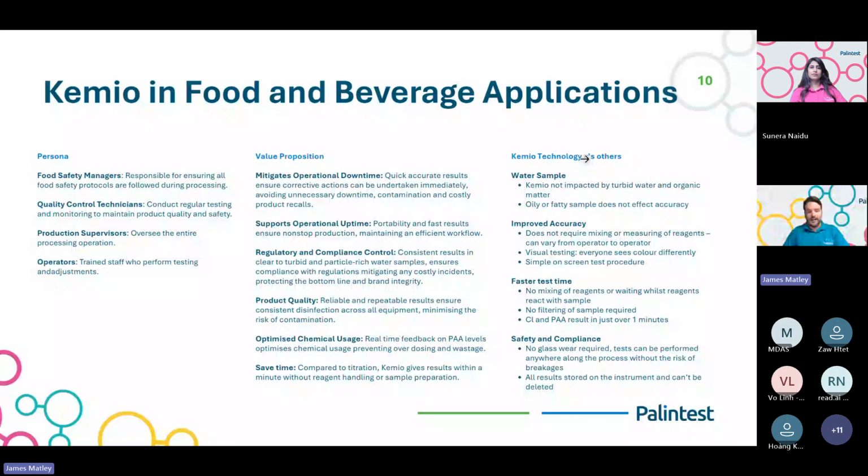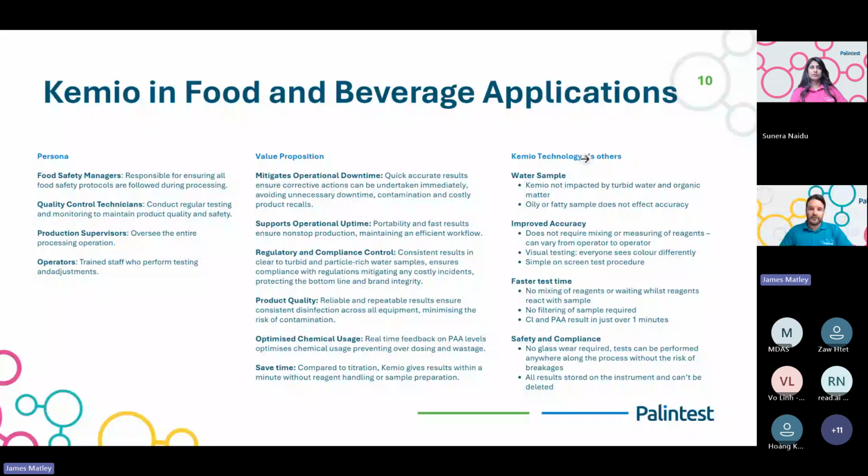So let's look at improved accuracy. As I've already mentioned, the simple on-screen instructions allow for minimal training from engineer to engineer. It means that each sample is processed in a very similar way or exact same way because the analyzer tells you exactly what to do.